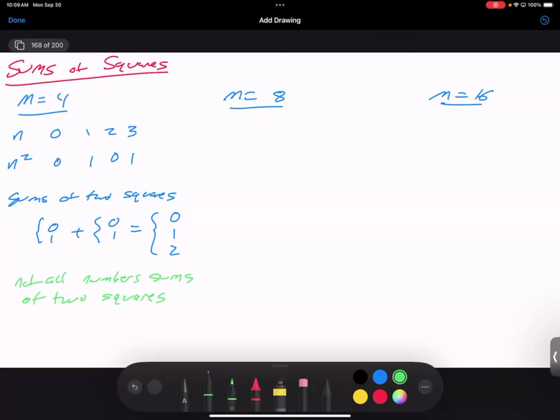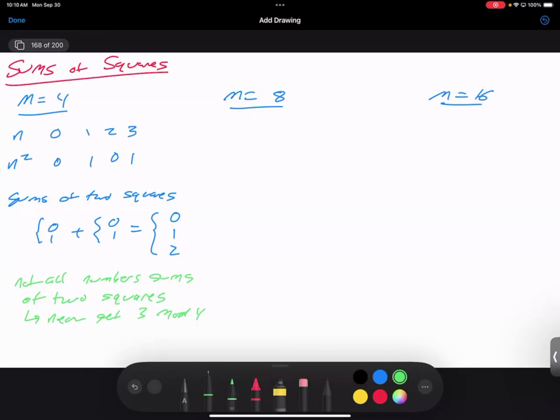Numbers that are 3 mod 4. We just showed that if you're a sum of 2 squares, your remainder when I divide by 4 is 0, 1, or 2. So you can't get 3, you can't get 7, you can't get 11. So we never get 3 mod 4.